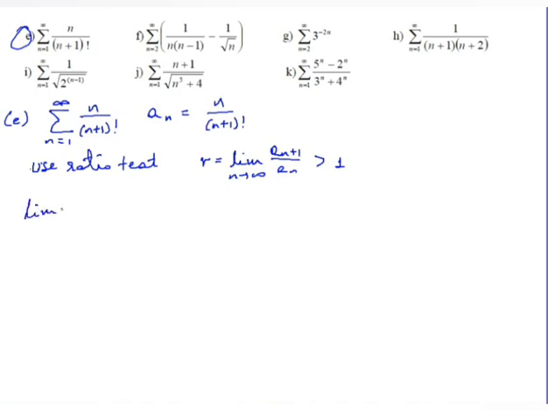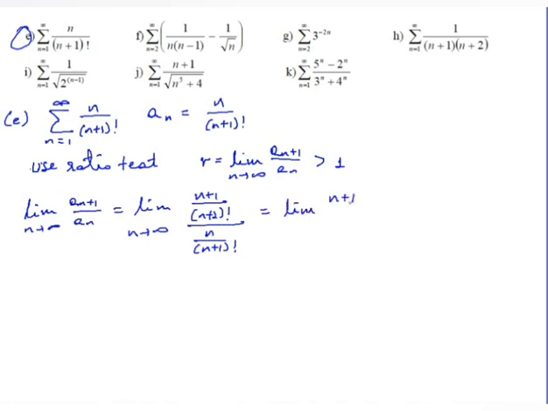Okay, so let's calculate this r value. The limit of a_(n+1) over a_n as n approaches infinity is the same as the limit of the (n plus 1)-th term, which is (n plus 1) over (n plus 2) factorial, over the n-th term, which is n over (n plus 1) factorial, as n approaches infinity. When we simplify this, we get (n plus 1) over n times (n plus 2) as n approaches infinity.